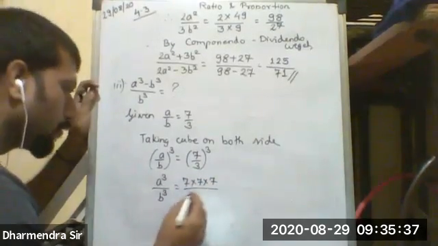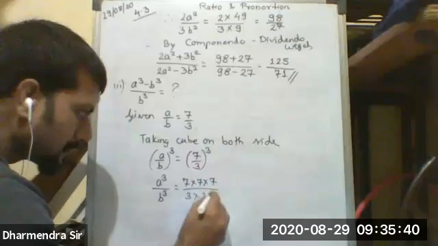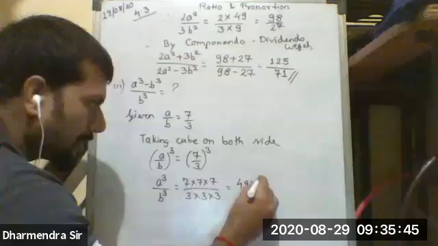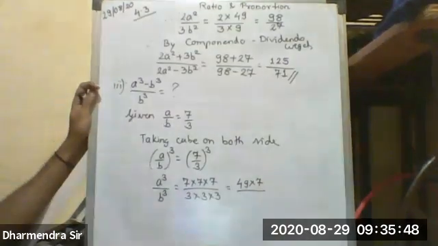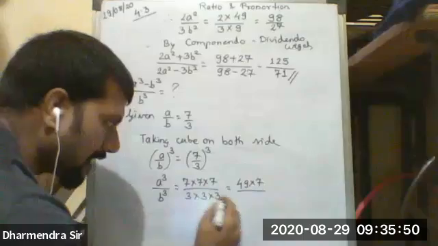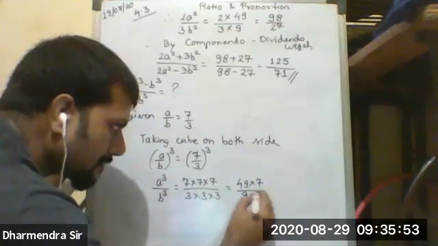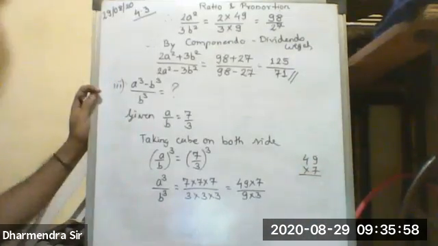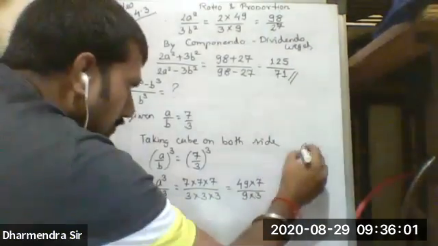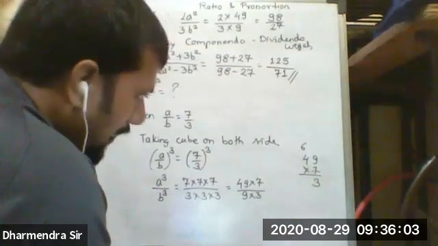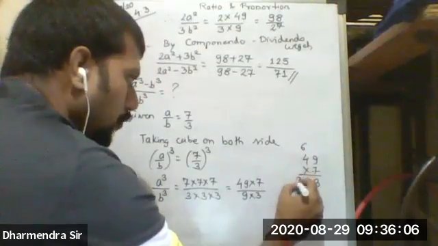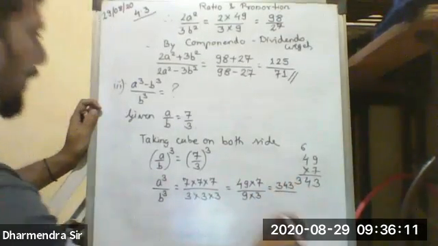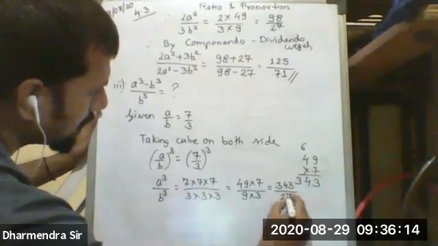As you don't know the formula of cube, so better we do it stepwise, no problem. 7 sevens are 49, and this is 3 times. 49 sevens are, 7 nines are 63, and 7 fours are 28, 91, so 343. And 3 into 3 into 3, 9 threes are 27.